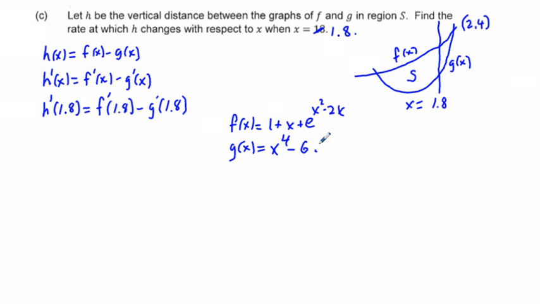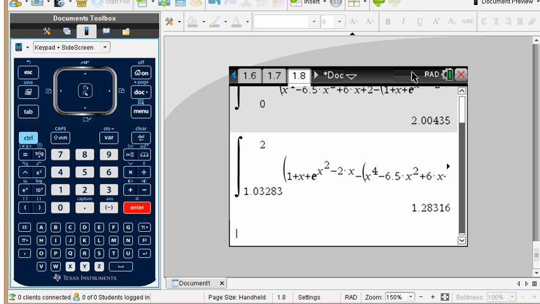And so we can find out what f prime of 1.8 is, and we could also find what g prime of 1.8 is. Let's go figure that in the calculator. So now, previously we've been using the hotkeys to find a definite integral. We're going to now find the derivative at a point. Instead of pressing shift plus the plus sign, we're going to press shift and the minus sign.